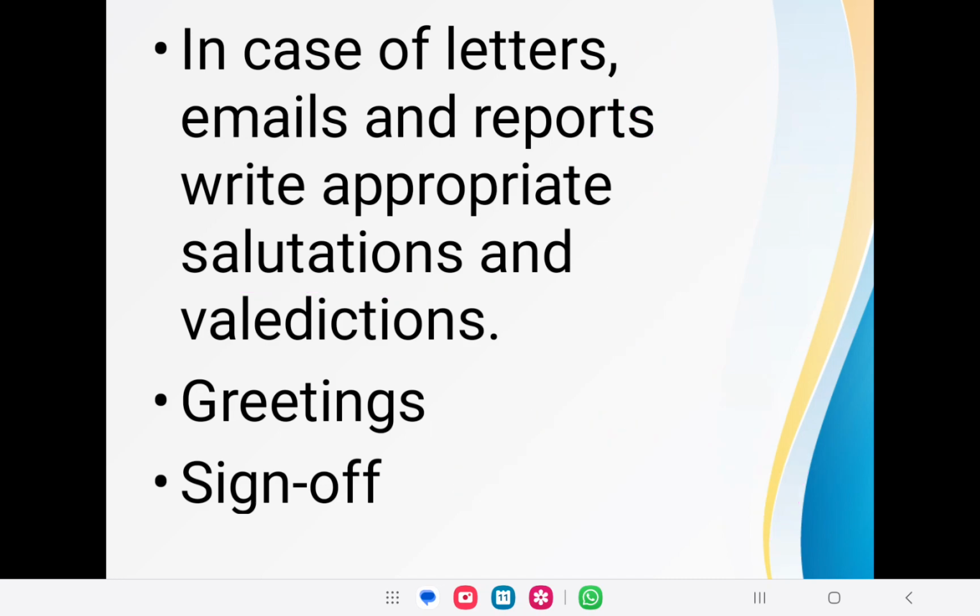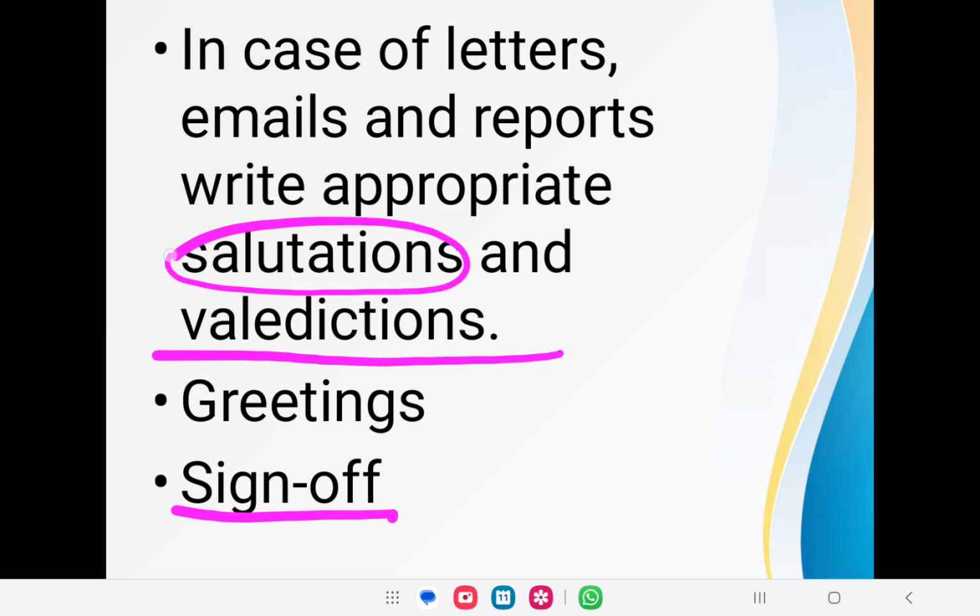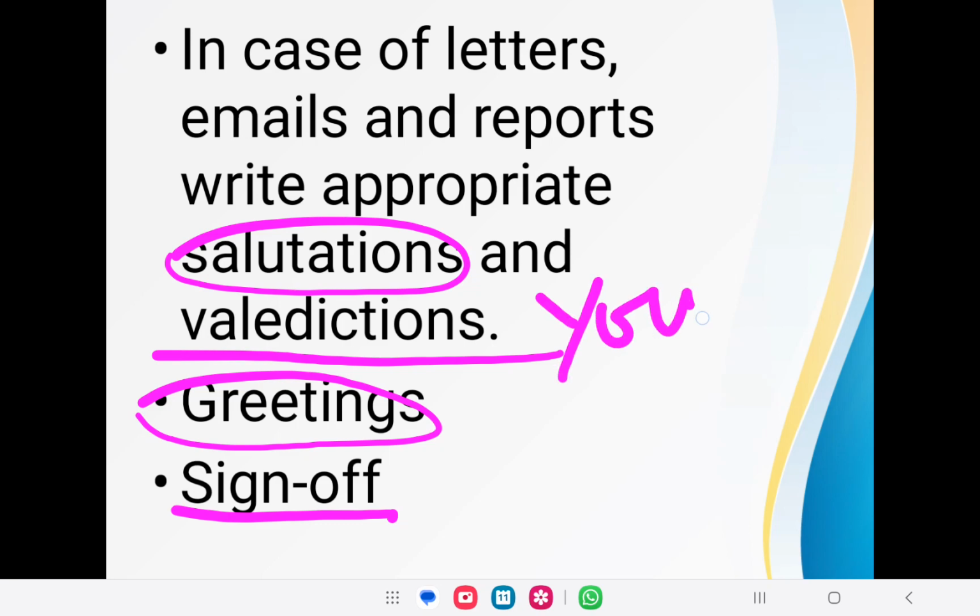Next thing is valediction. What is valediction? Valediction is the sign off. Salutation is greeting and valediction is sign off. That means the end of a letter. So valediction can be Yours faithfully.